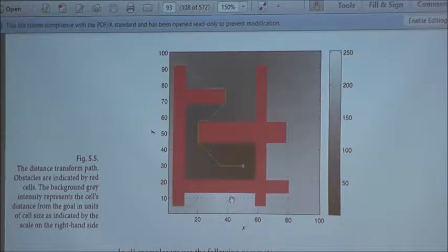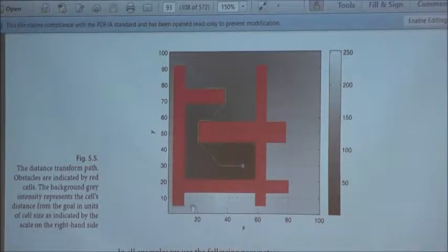Every cell has a cost associated with it. If you want to go in that direction, it may be, let's say, 0.1. Another direction, 0.5. Another direction, almost 0, 0.01. So you move where it's the cheapest. You calculate it in the memory of your path planner.